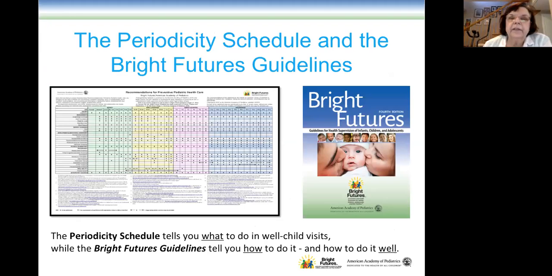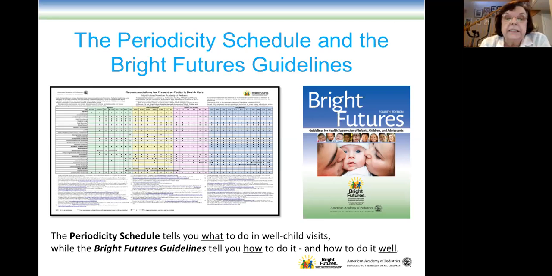So this is a busy slide here in terms of that periodicity chart. Have you seen that before? I don't think so. Okay, it's a little small, so that's kind of hard to see. I'll be showing it to you in a little bigger category, but this is the schedule that is followed in ambulatory pediatrics for child well visits.